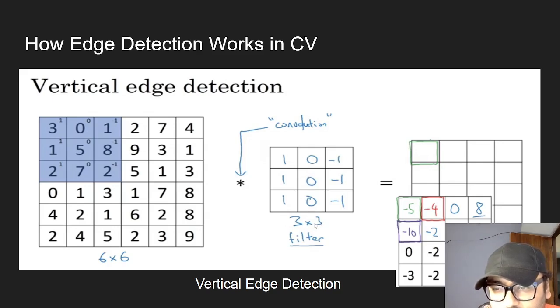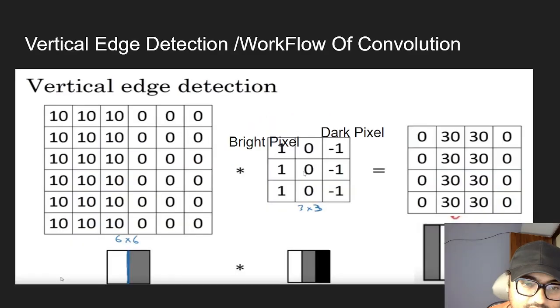So it's a 3 by 3 filter. How do you do the calculation? You place the filter over the matrix, do element wise multiplication, and then sum it up, and place the result here, whatever output you get. If you do the calculation, you will find this will be the output. Now how this calculation makes sense, you will see in the next slide.